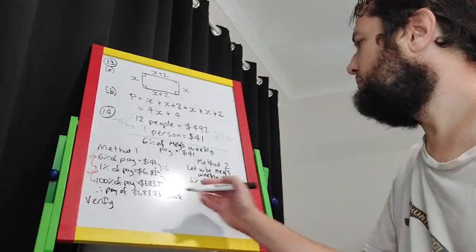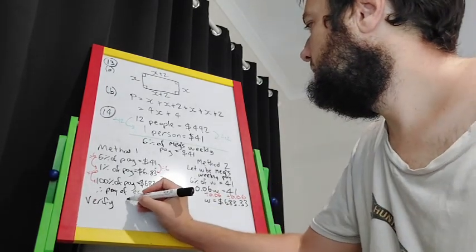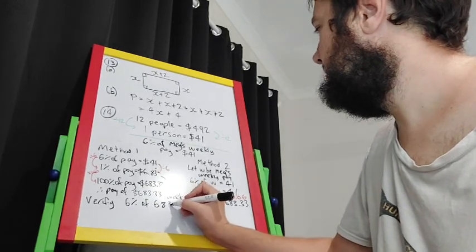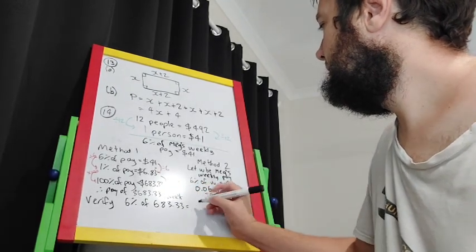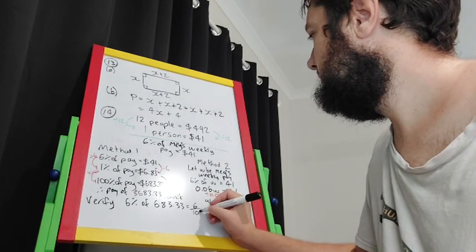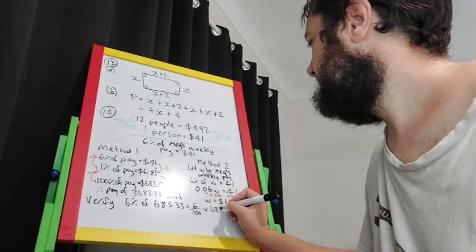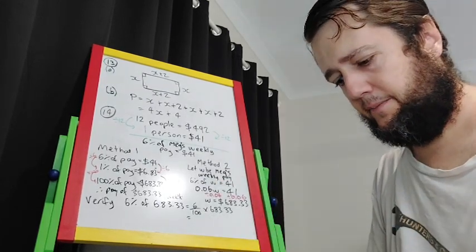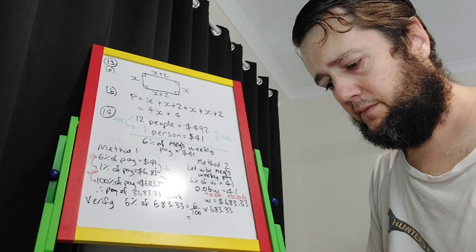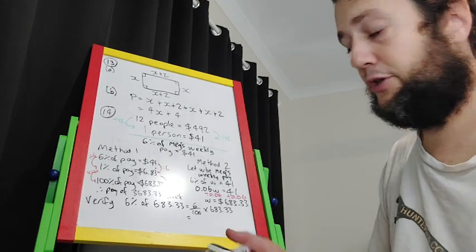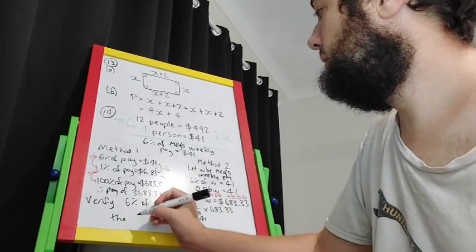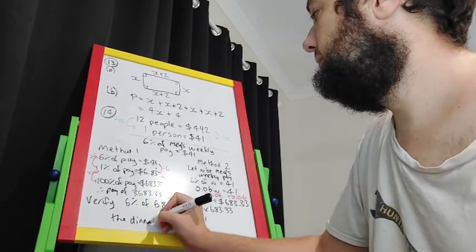So if that was Meg's pay, if you worked out 6% of her pay, you're going to get, well, rounded to $41.